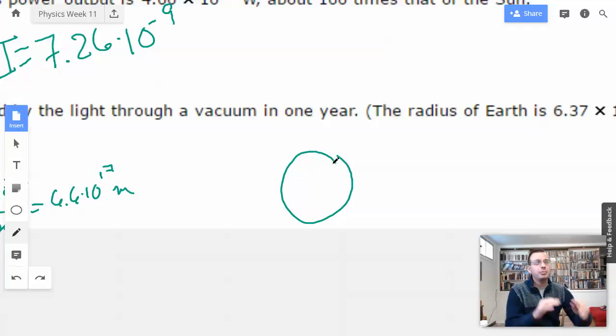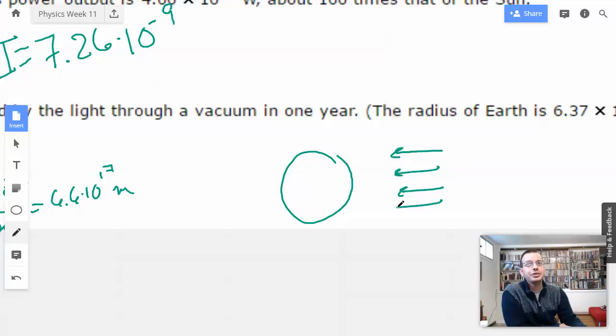Okay, so pretend it's a sphere. And what we want to find out is if we have light coming this way, how much is intercepted. So we're not actually going to use the surface area of the Earth, but we're going to use the area of the circle around the Earth, through the Earth.